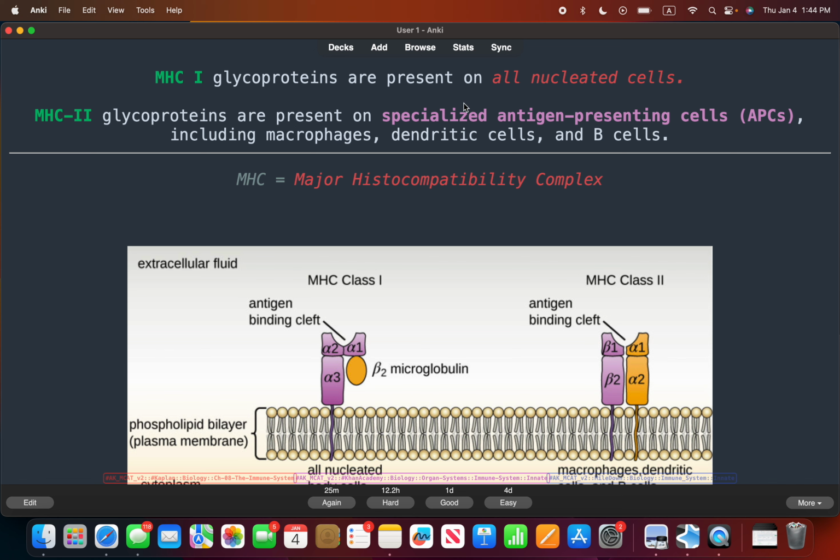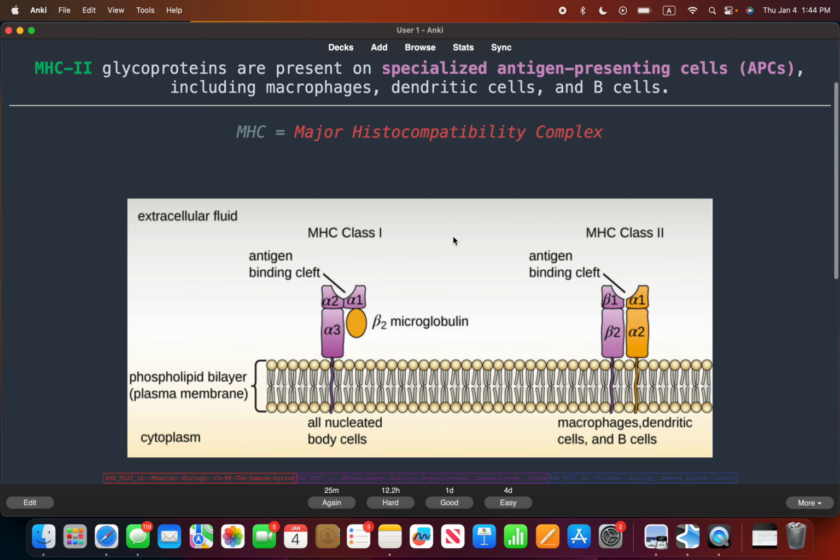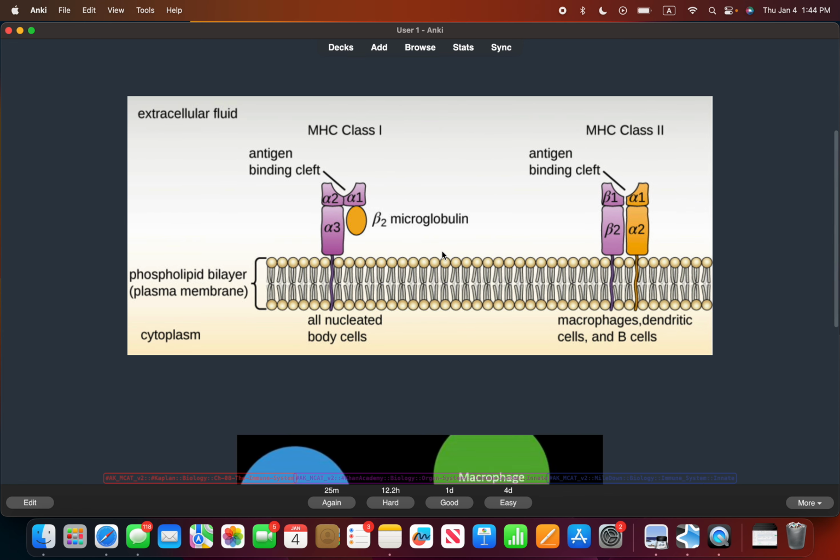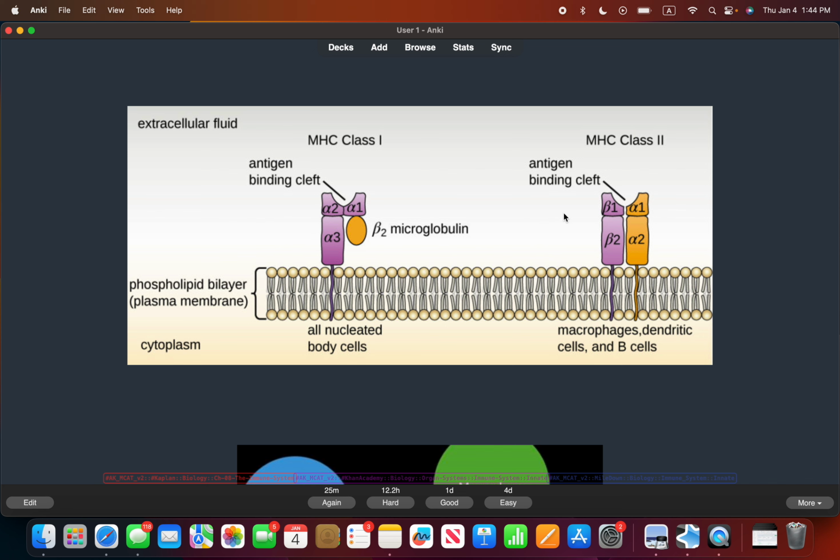MHC is major histocompatibility complex. And here we can have a visual representation of MHC1 and MHC2. They both have antigen binding clefts. They're like receptors, right?